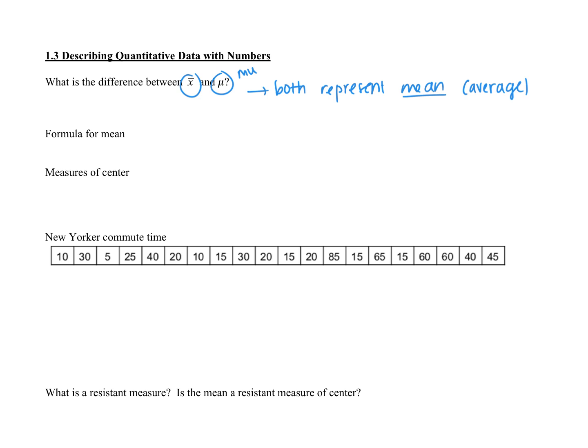So when you see X bar or mu, both of those represent the mean or the average. But there is a very big difference. X bar is the average of a sample. Mu is the average of a population.